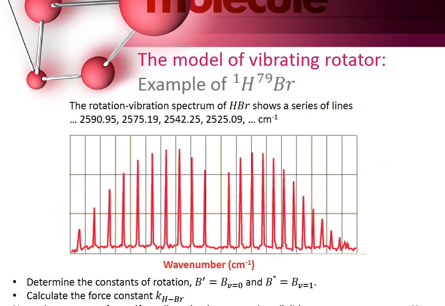This is an experimental spectrum for a rotational vibrational case, where you see clearly the two bands and the gap in between them, and you see that the gaps in here are not the same as in here. So immediately one can tell that we are in a case where it's considered a real rotator, so there is interaction between modes of vibration and rotation, because the spacings are not the same.